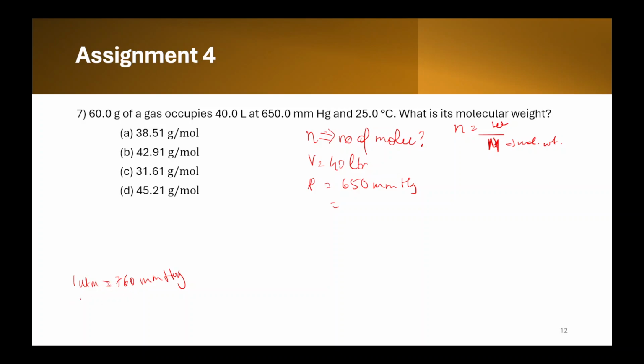So 650 mm Hg will be equal to 650 by 760 atmospheric. That will come out to be 0.855 atmospheric.